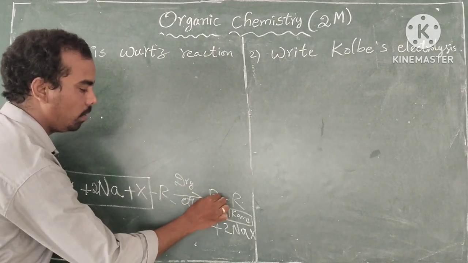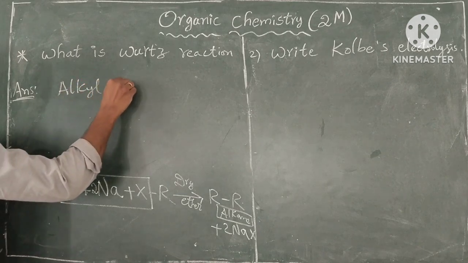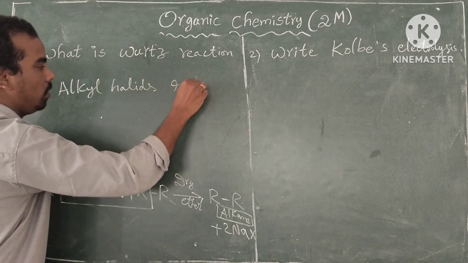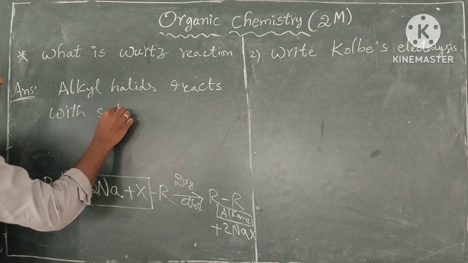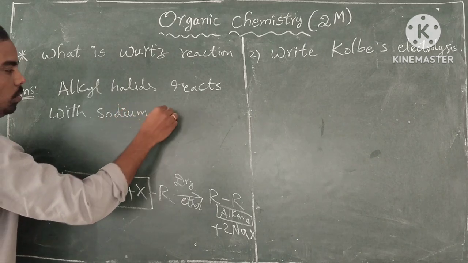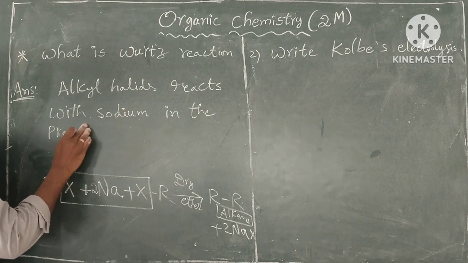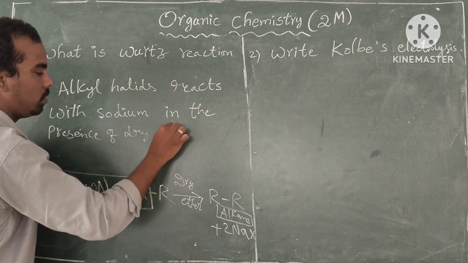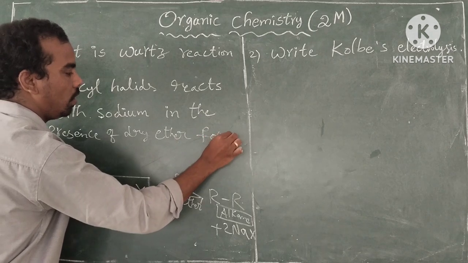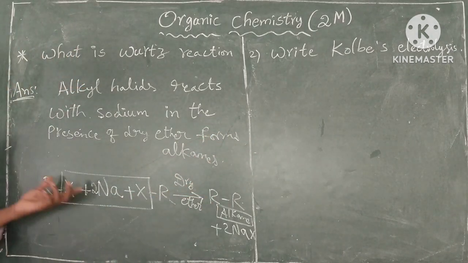In the presence of dry ether it forms alkanes, with a higher number of carbons. It is called Wurtz reaction.